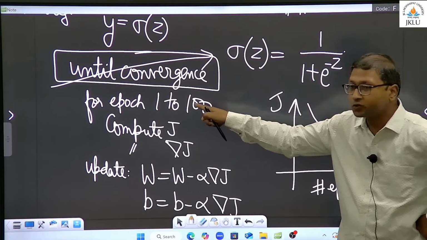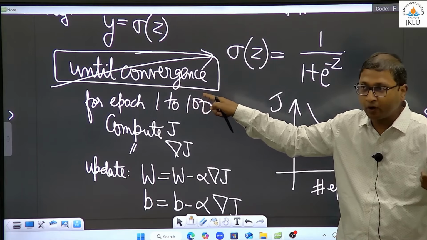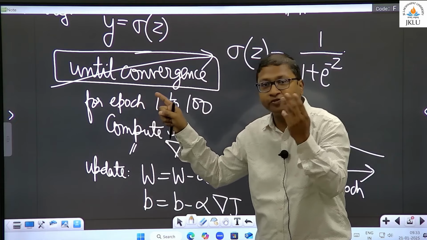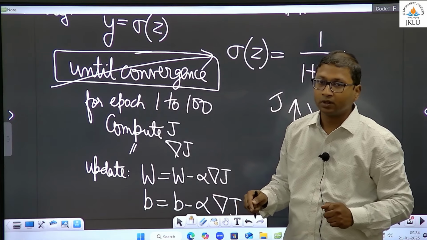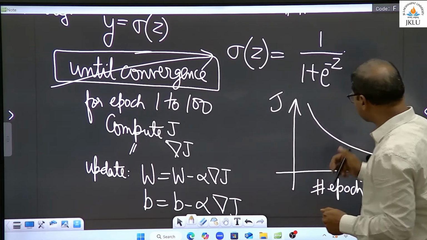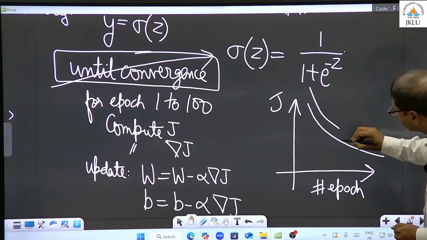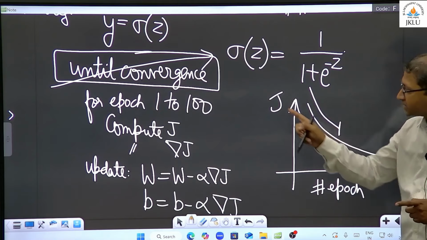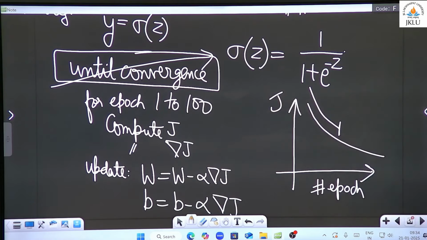Now if you reach convergence in those 100 epochs, you are fine. So let's say I choose epochs to be 5 and I still see a curve like this, so I stopped here. How will this curve help you decide that I should increase my epochs? Because it is far from being flat, right? So I should increase epochs.